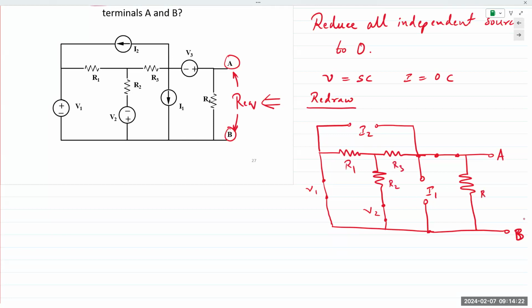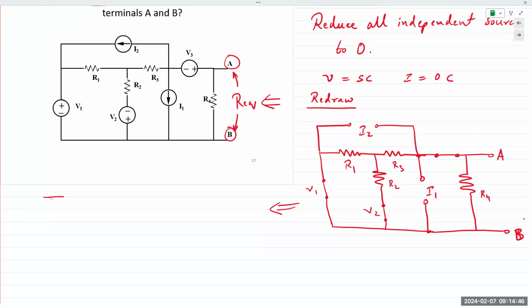R3 and R4. Wherever you see a voltage source, you place a short. Wherever you see a current source, you take it out. So you redraw the circuit. And I'll redraw it one more time.